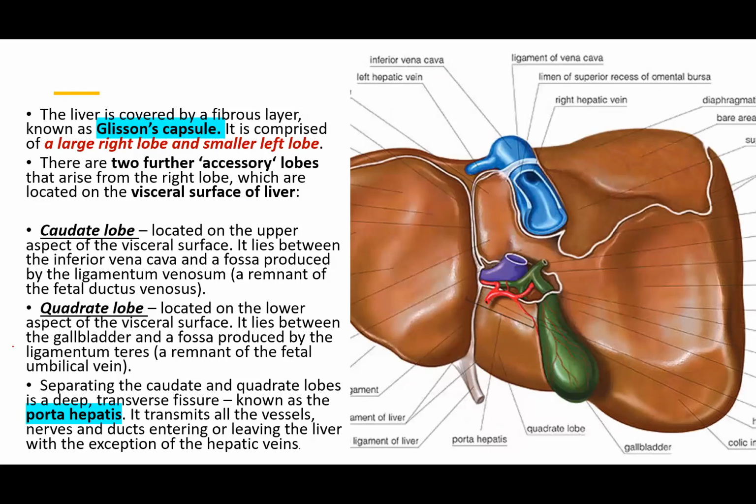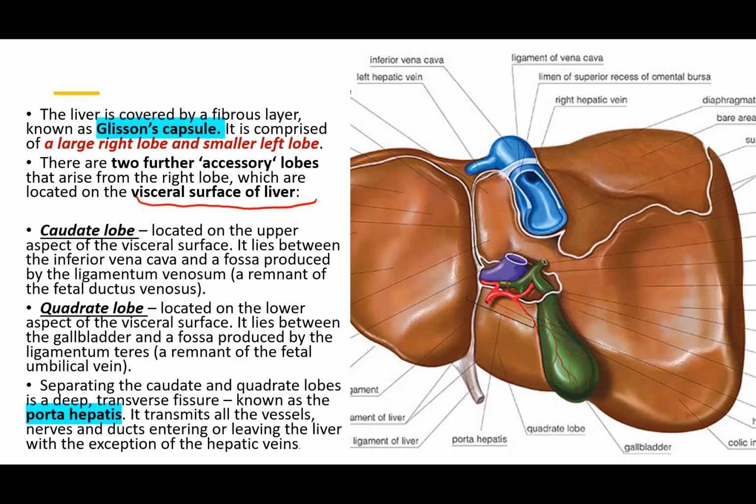Now, the liver is covered by a fibrous capsule known as Glisson's capsule. It is comprised of a large right lobe and a smaller left lobe, as we described. There are two further accessory lobes that arise from the right lobe, which are located on the visceral surface.